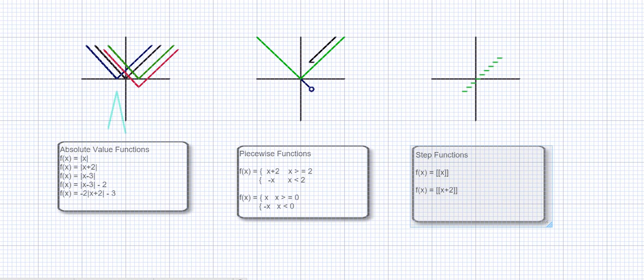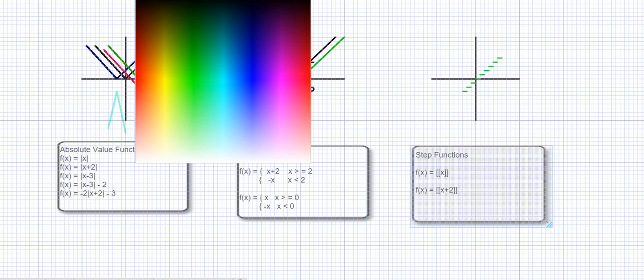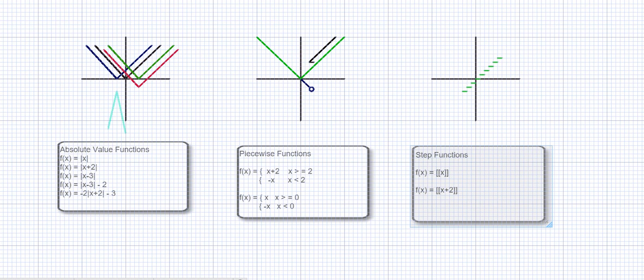Now, I wanted to show one more thing, and I'm going to use a pinkish color. Remember what we said with absolute value functions: anything that happens inside the function, if I add something, it shifts everything to the left, and if I subtract something, it moves it all to the right. So let's say I had an x value of 1.5.